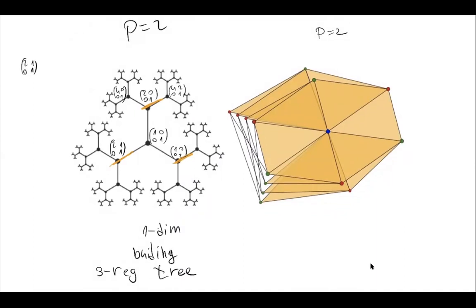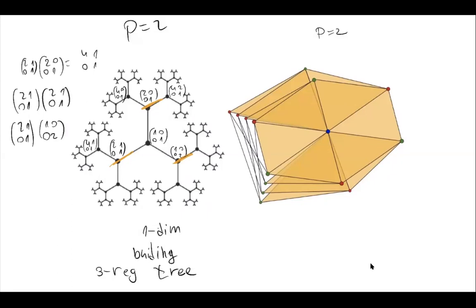So if you multiply (2,1;0,1) by (2,0;0,1) from the right, (2,1;0,1) times (2,1;0,1), and (2,1;0,1) times (1,0;0,2), let's just do all these calculations and see what we get. So here we will get 4 and 1, right? So one of the neighbors will be (4,1;0,1), and it didn't appear yet. The other one will be, okay, that's a bit harder, right? So this is a 4, this is a 0, this is clear.